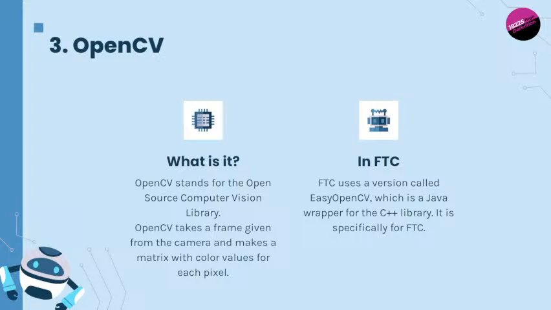Also, the slides will be provided at the very end, so you don't need to type everything. It's used, for example, if you want to see if the color red is on the left side of the camera or on the right side of the camera.